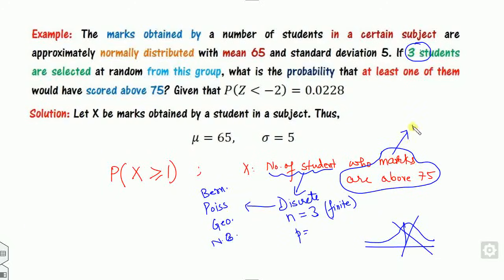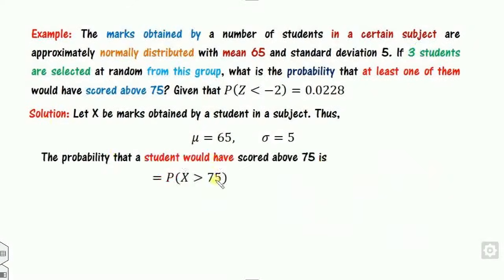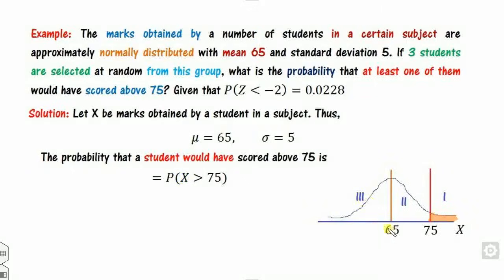Look at that, marks are given to you as normally distributed. So what is the probability, say y, I call the marks y, over 75? Marks are normally distributed, so you can first calculate y greater than 75. How do you find greater than? So I call this y greater than 75. Now it's marks, normally distributed, so you can draw the graph. This is 65, 75 on the right hand side. This portion you need to calculate.